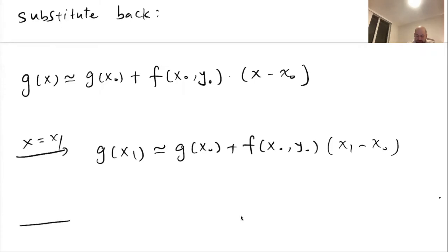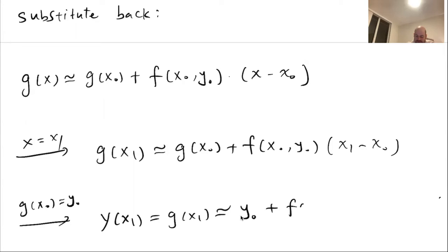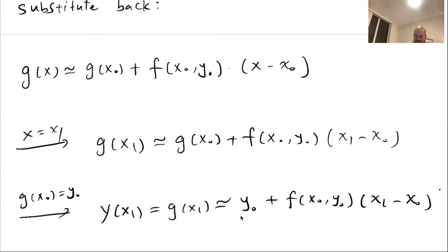And g of x naught is y naught. So we can say y of x1 equals g of x1, almost equal to y naught plus f of x naught and y naught times x1 minus x naught.